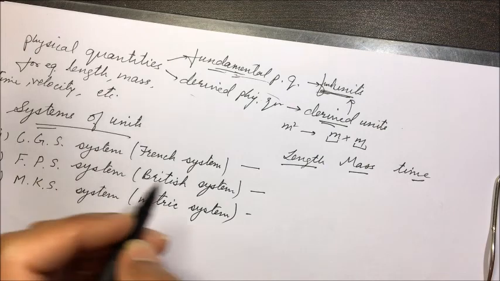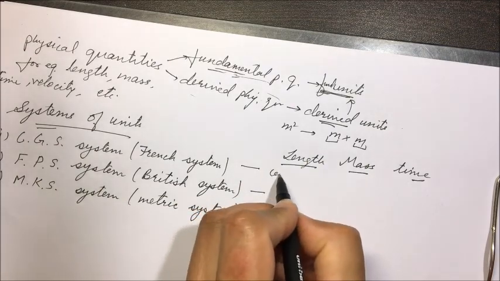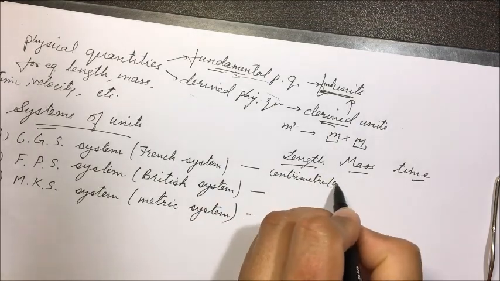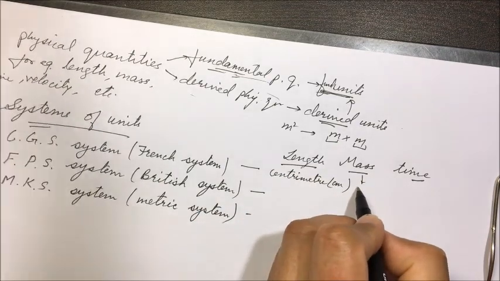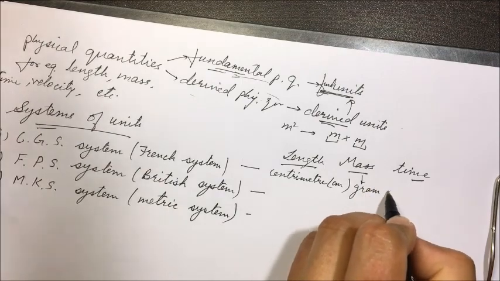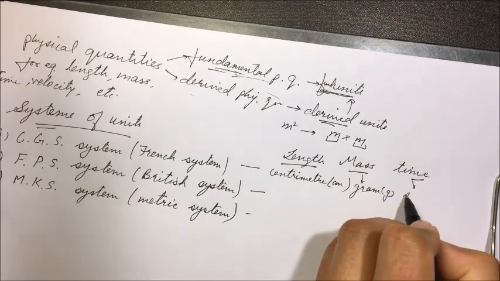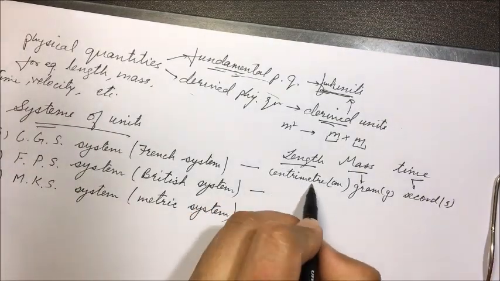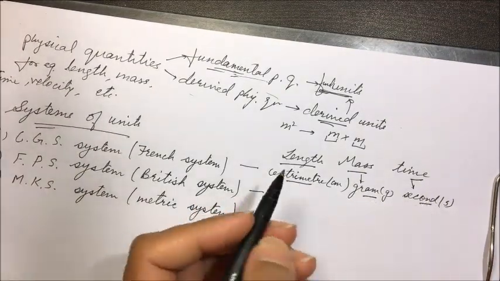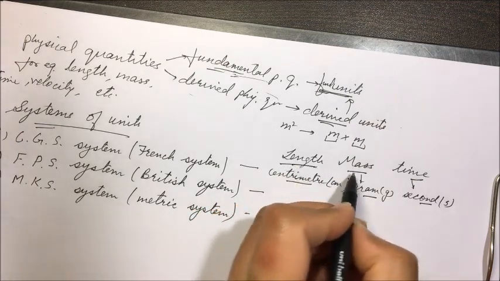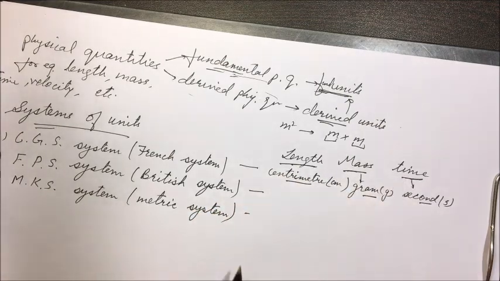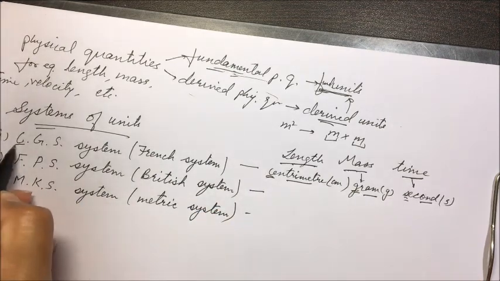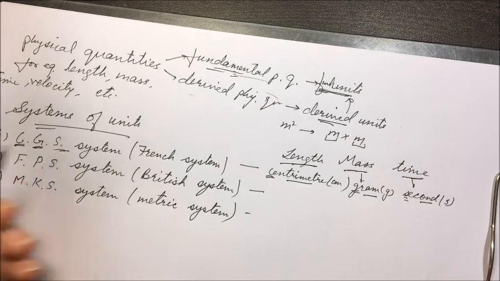For example, in the CGS system, for length, the centimeter was defined. For mass, it was gram. And for time, it was second. So in the CGS system, centimeter, gram, and second were defined for measurement of length, mass, and time respectively. So centimeter C, gram G, second S: C, G, S.